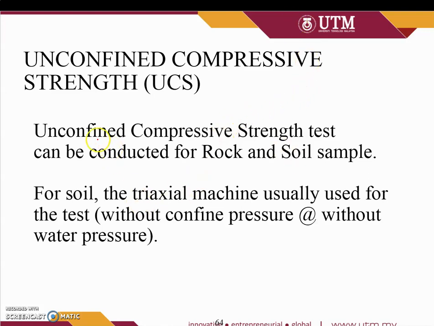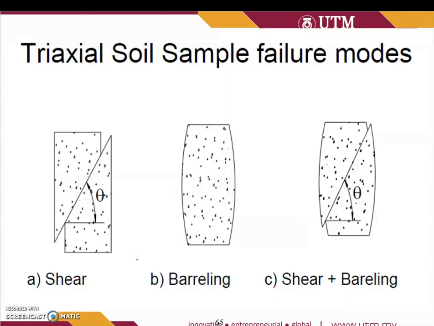The difference between the UCS test and the other triaxial tests is that the UCS test doesn't use any confined pressure. From the point of view of the test itself, we don't include any water pressure in the soil chamber or the rock chamber.